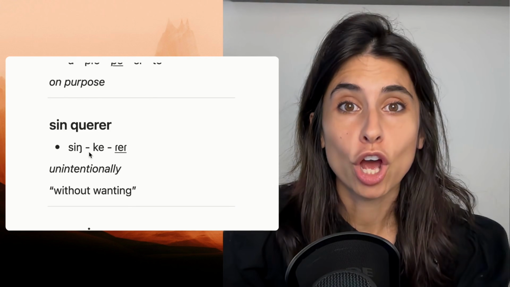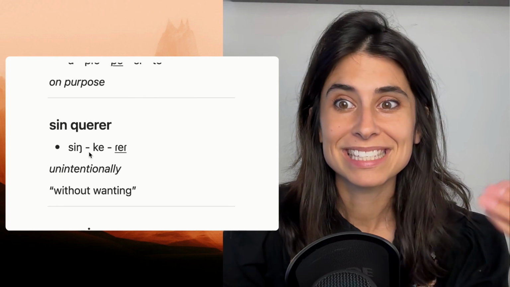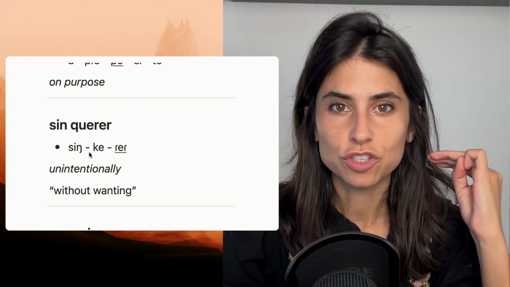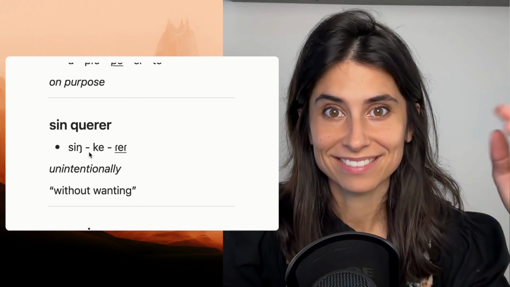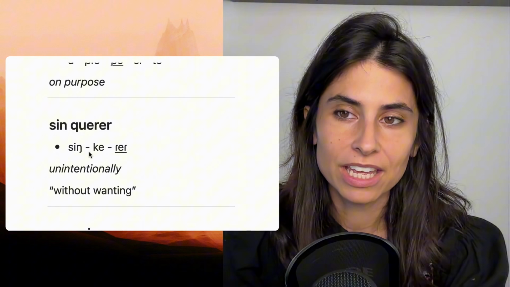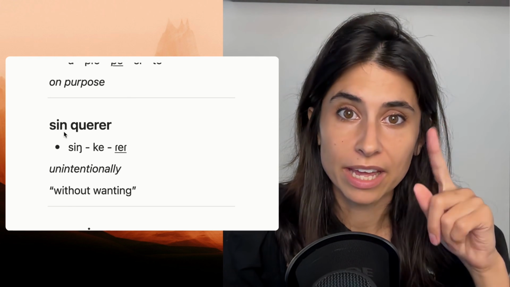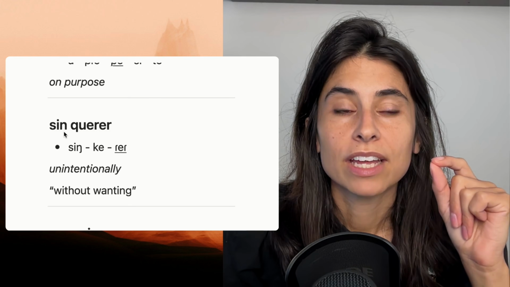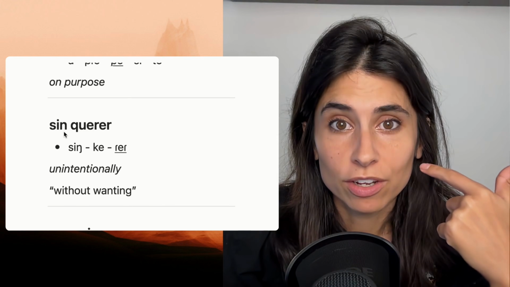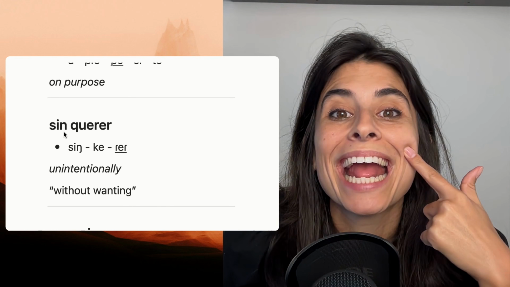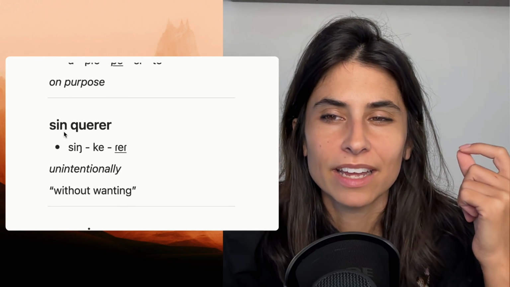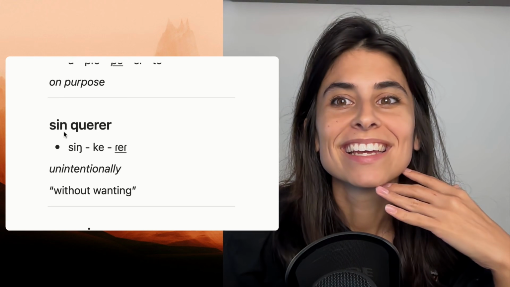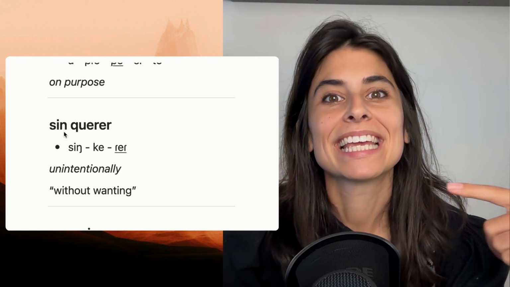Next one, the opposite, sin querer, sin querer. 3 syllables, last one is the stressed one, so sin querer, sin querer. Important thing here is that when you have the combination of the N and the K, the N is done at the back of your tongue. So like sin querer. It's like if you were saying sing, as in sing a song, sing, sin querer.